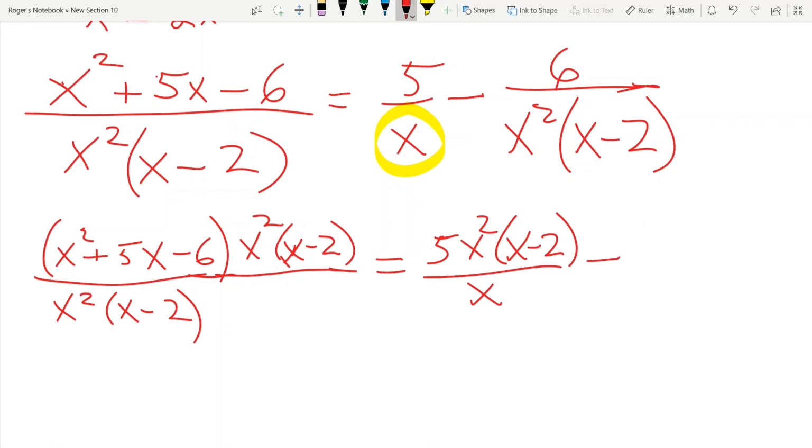Minus, and then in the last term, it's going to be 6 over x squared times x minus 2, and in the numerator we're multiplying by x squared. Actually, I don't need that parentheses because it's all multiplication. So it's going to be 6 times x squared times x minus 2.